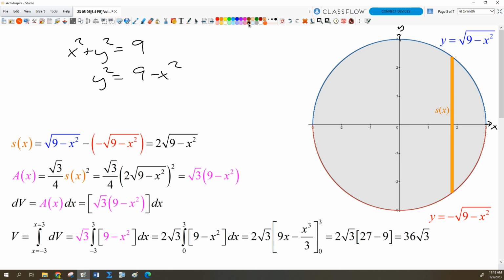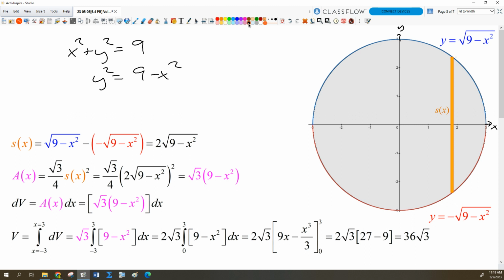Either way, blue minus red or just doubling the blue, I get the same thing: 2 times the square root of 9 minus x squared. So really we're done almost. From here on out, it's just solving an integral. We got the side length as a function of x.